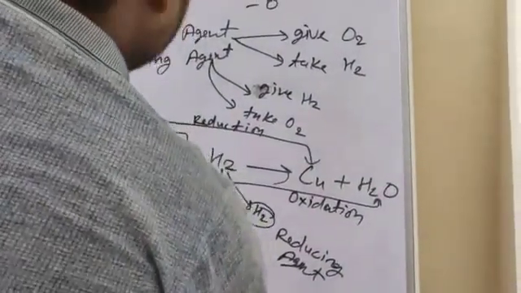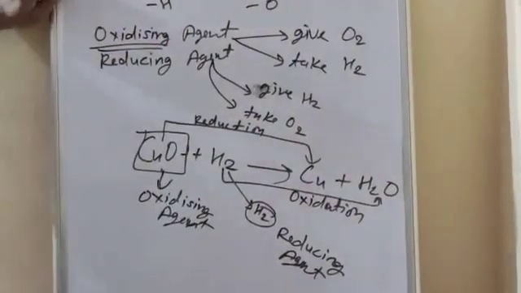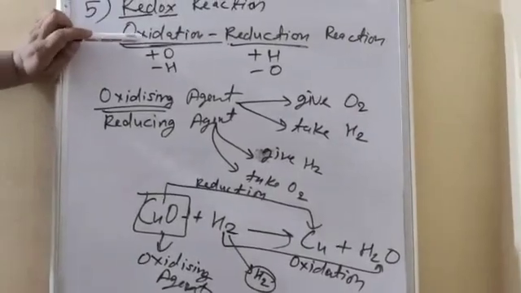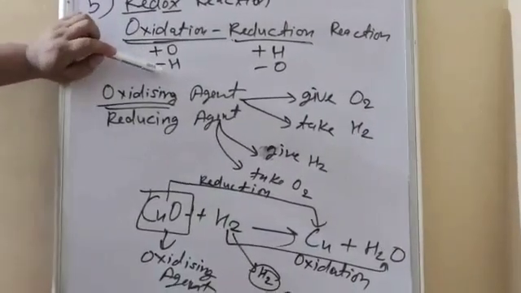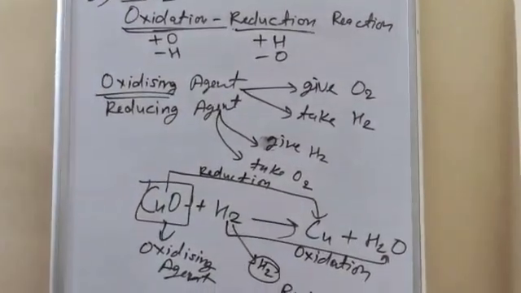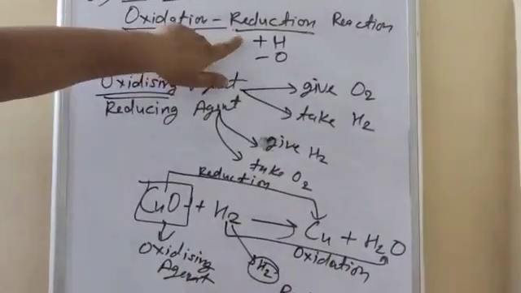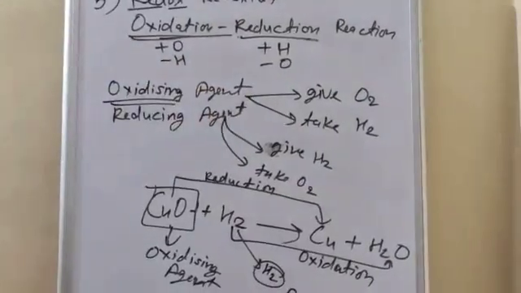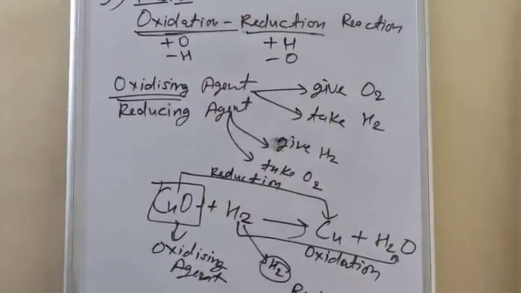Oxidation reduction reaction: a reaction in which addition of oxygen or removal of hydrogen takes place is an oxidation reaction. A reaction in which addition of hydrogen and removal of oxygen takes place is known as a reduction reaction.